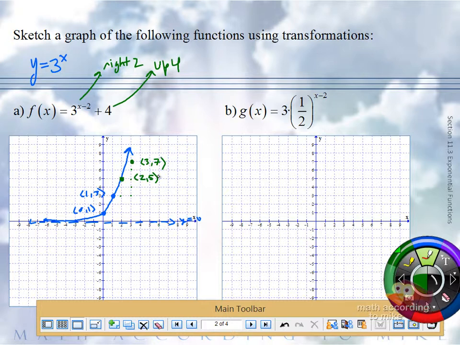But now if I move it up 4, how does it change? Moves up 4. What's the new horizontal line? Well, 0, 4 is an ordered pair. A line, I need an equation. Y equals 4.